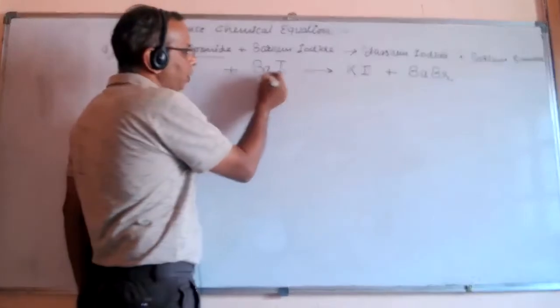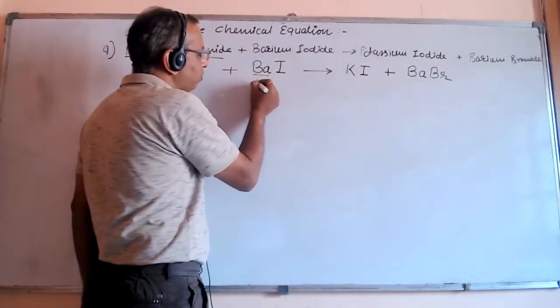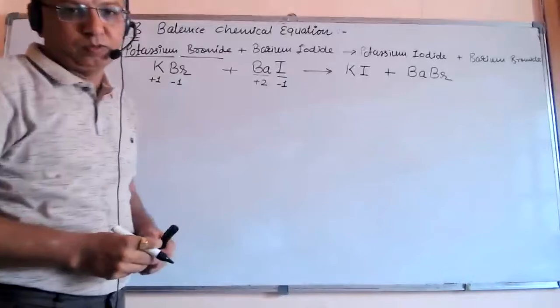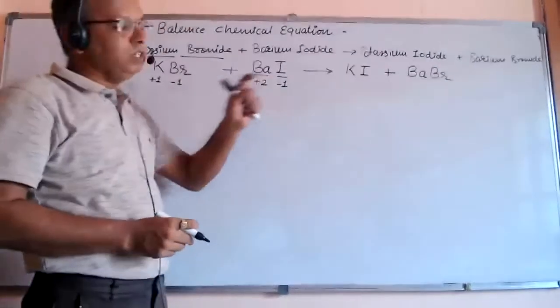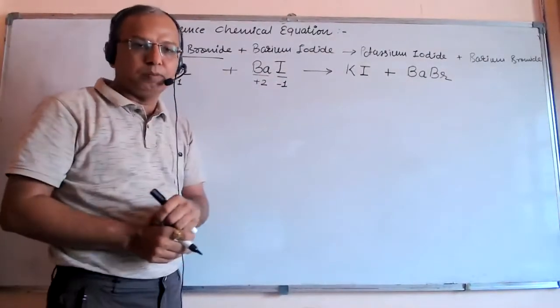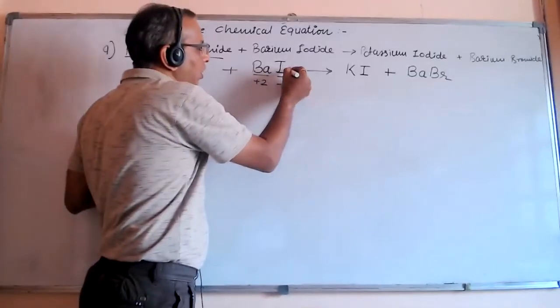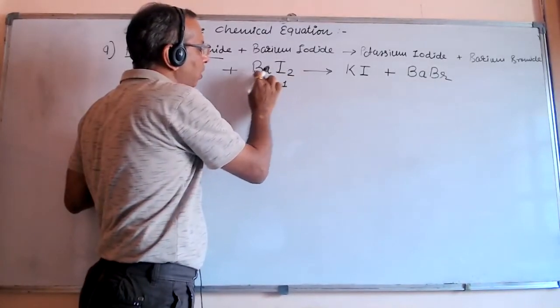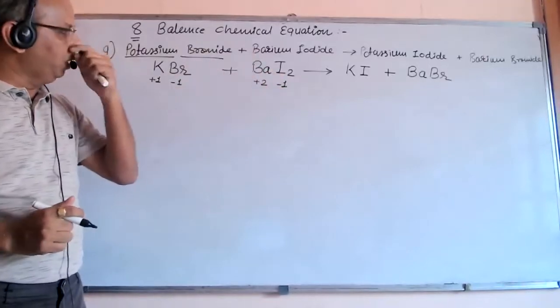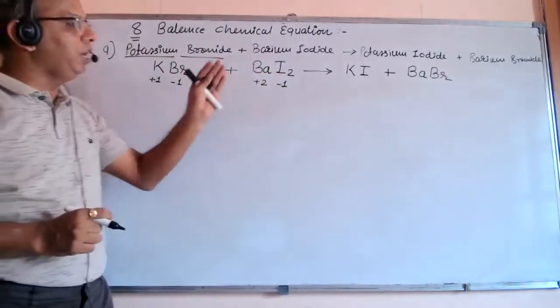But friends, in barium iodide, barium's valency is +2, iodine's valency is -1. Here the valencies are not equal and opposite. We have to cross multiply them. We obtain the formula barium iodide BaI2.